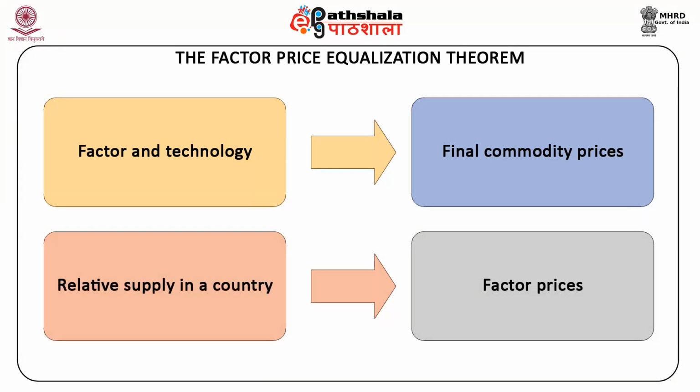This means that in the absence of trade, nation 1, the labor abundant country, will have a lower relative price of good A than nation 2 because the relative price of labor, or the wage rate, is lower in nation 1. Similarly, capital owners in nation 2, the capital abundant nation, earn less than capital owners in nation 1.